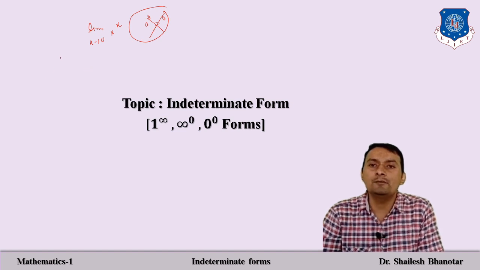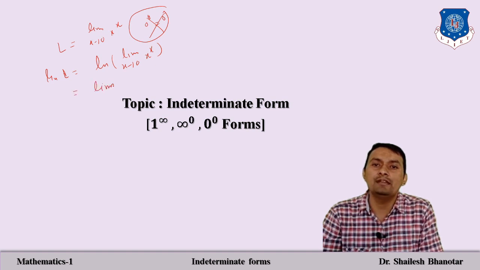So for that type of question, what are we going to consider? First we assume that L is equal to this. So first apply the ln. So ln L is equal to ln of limit x tends to 0, x raised to x. But we know that ln is a continuous function. So we can say limit x tends to 0, ln of x raised to x.